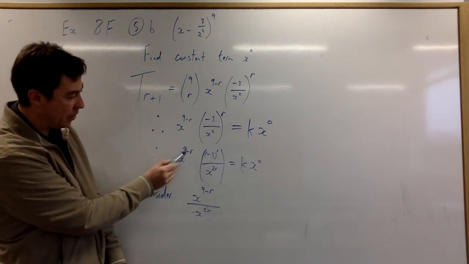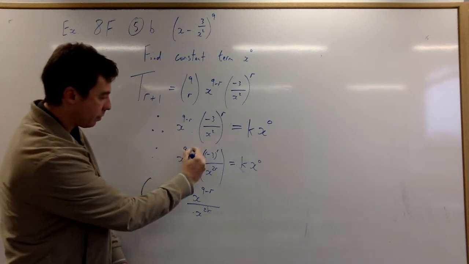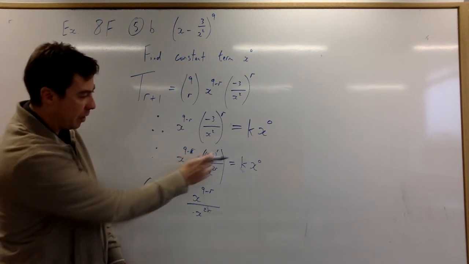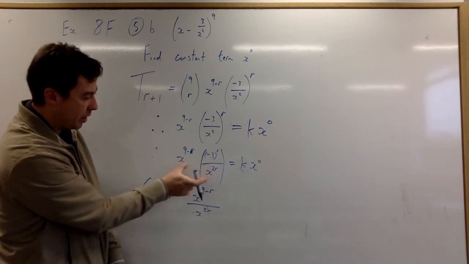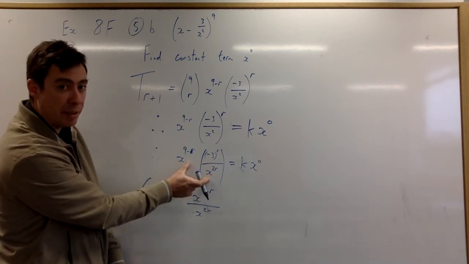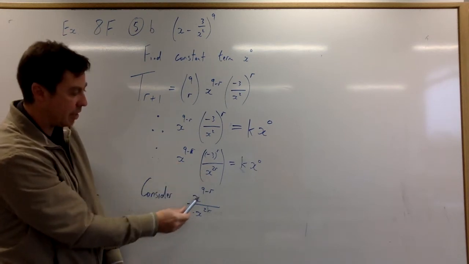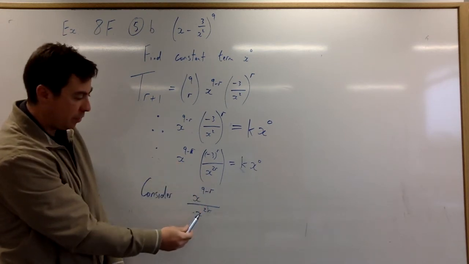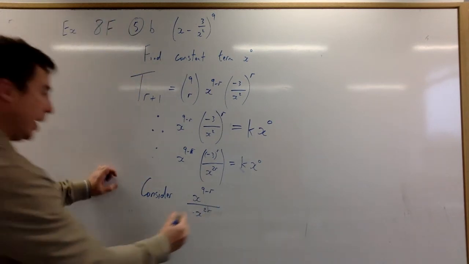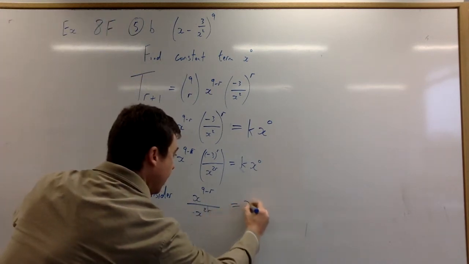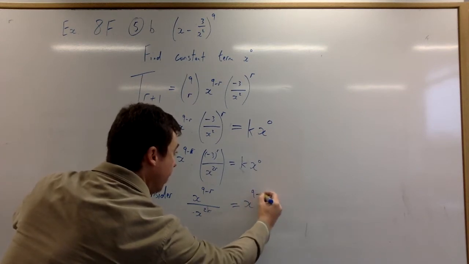I've got x to the power of 9 minus r. That's going to be multiplied by this, and then it's going to be divided by x to the 2r. I'm just considering my x terms. I've got x to the power of 9 minus r divided by x to the 2r. What is that? Well, that is x to the power of 9 minus 3r.